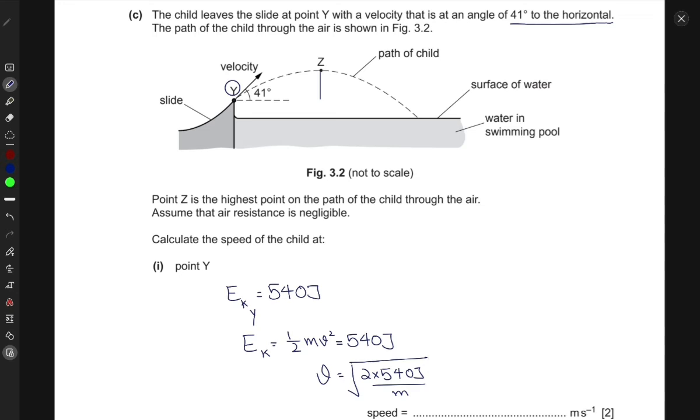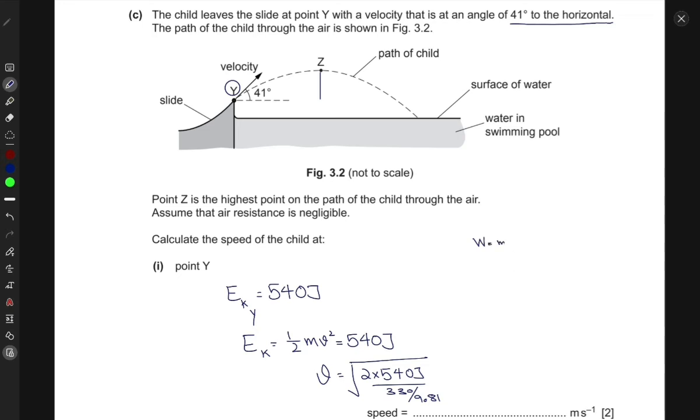So if you do the math, m would just be 330 divided by 9.81, because weight is 330 and g is 9.81.